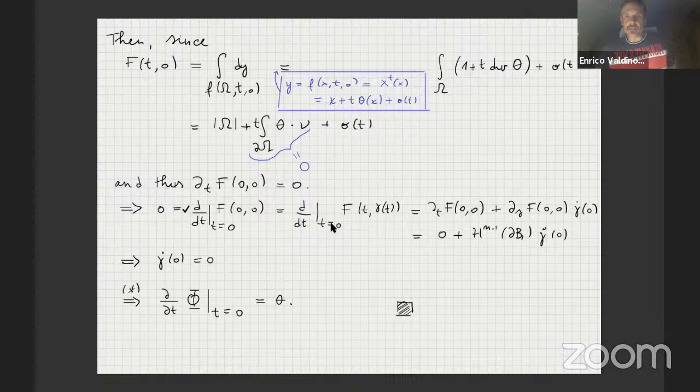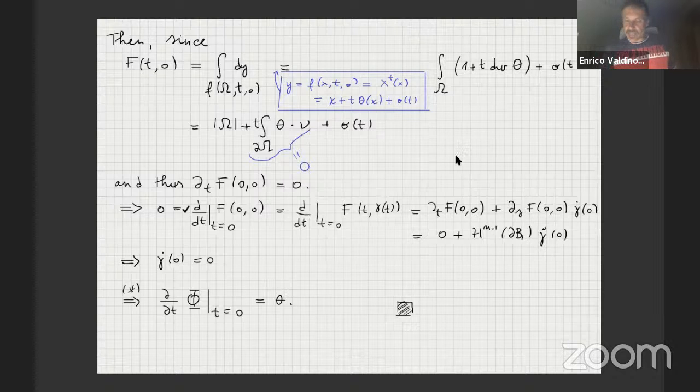Then I use again the chain rule. I differentiate with t, then I differentiate with s, and I get the gamma dot. Again, there is a dot here that is almost invisible, but it's there. So the partial derivative in t is 0 because of this computation.